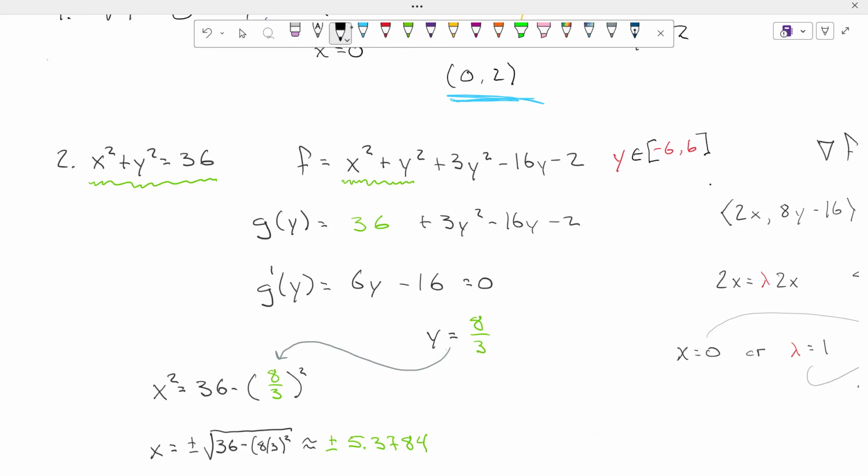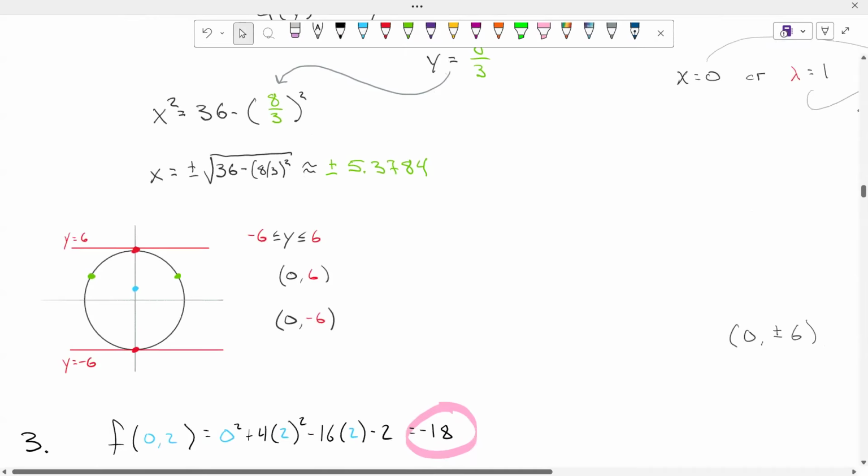Now, because my function on the boundary that I parameterized depended only on y, I only need to check the points (0, 6) and (0, -6), being those two that we see at the top of the circle over here.